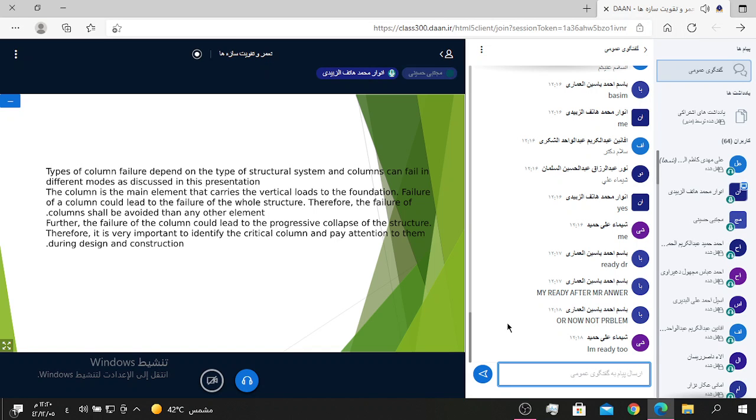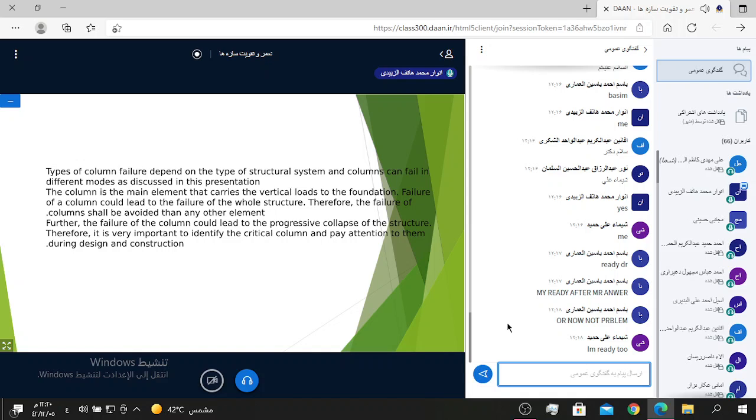Types of column failure depend on the types of structure system, and columns can fail in different modes as discussed in this presentation. The column is the main element that carries the vertical loads to the foundation.